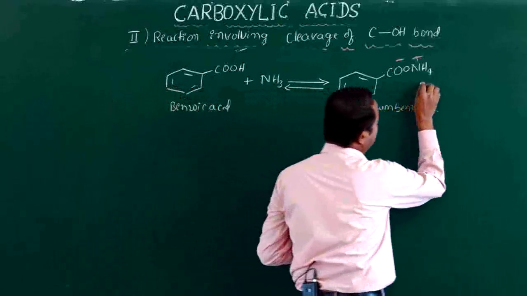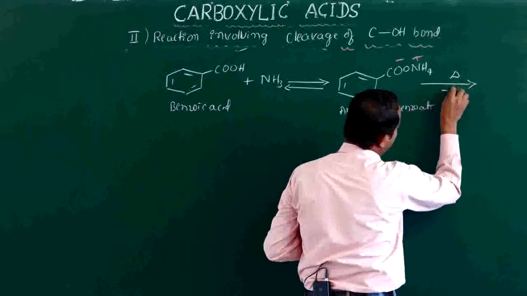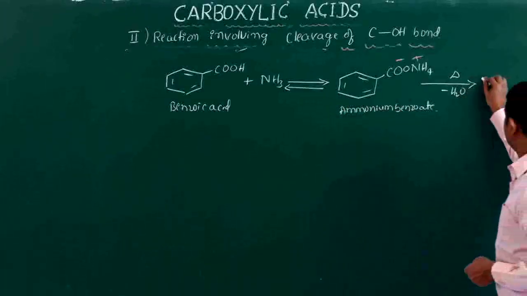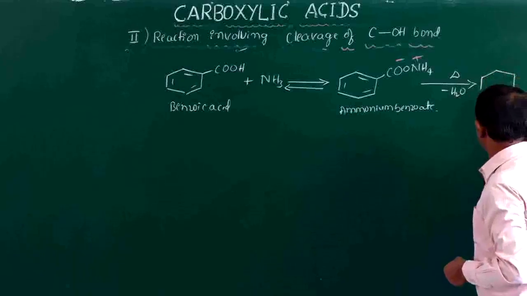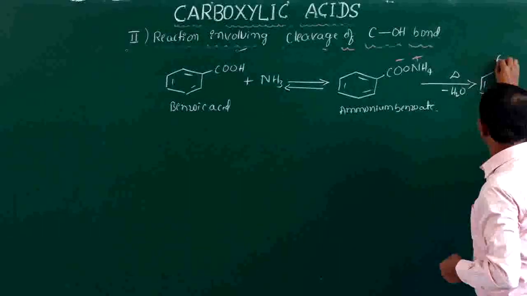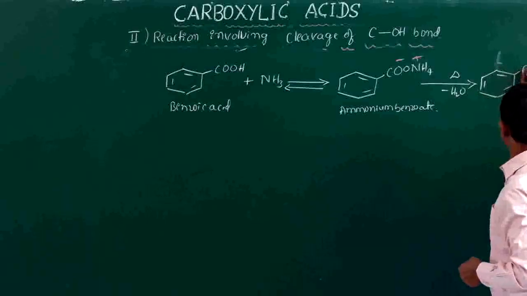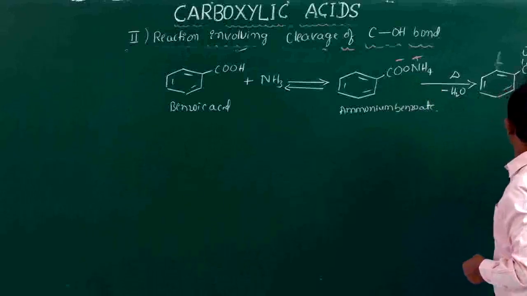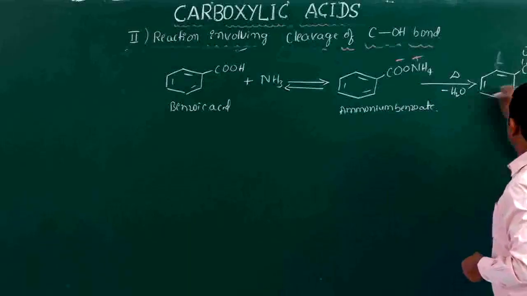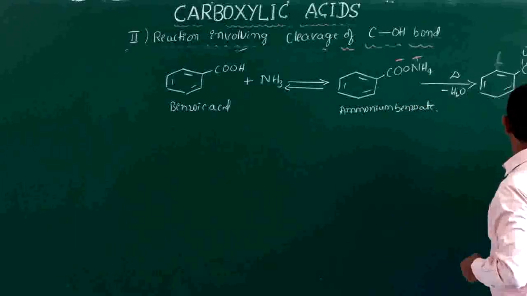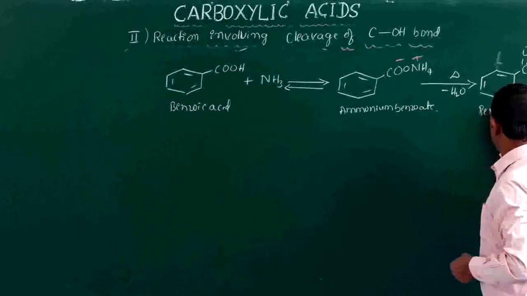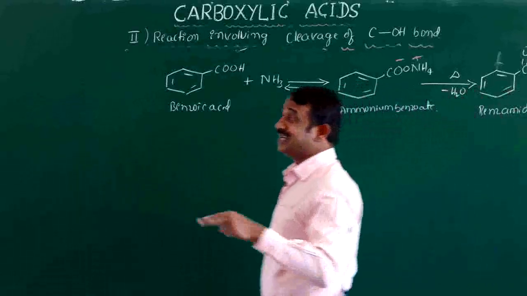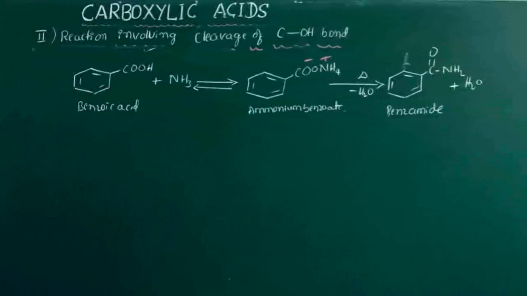Again, when this ammonium benzoate is heated, you will get C6H5CONH2 plus H2O. The name is benzamide. The name is acetamide, benzamide, acid amide.